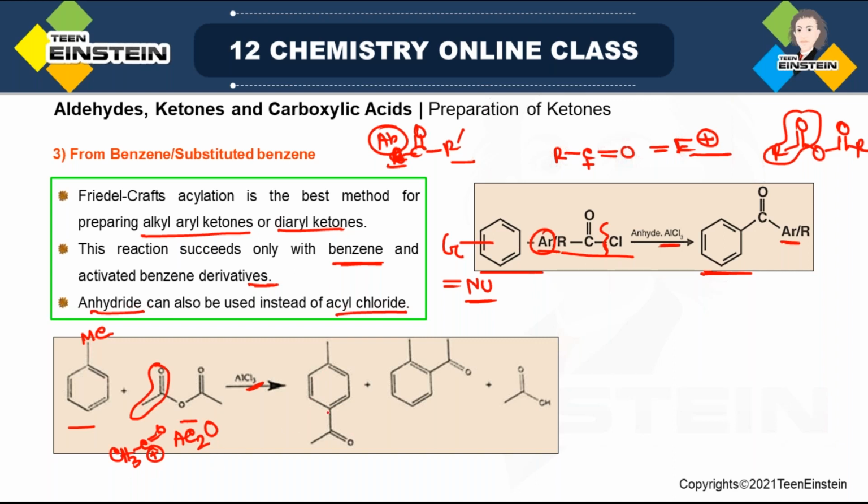This electrophile can be inserted at the 4 position, the para position with respect to the methyl group, or it may be inserted at the 2 position with respect to the methyl group. Both are possible, right? And the other part of the reagent Ac2O will be removed in the form of CH3COOH. So you can get the para product and the ortho product, that is, a mixture of these two, and this is the byproduct. Fine.